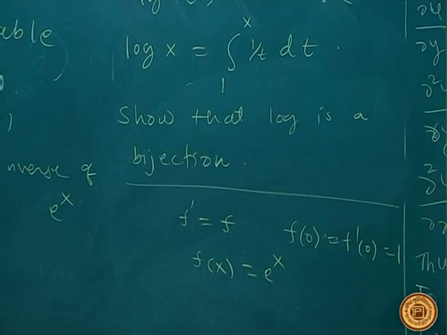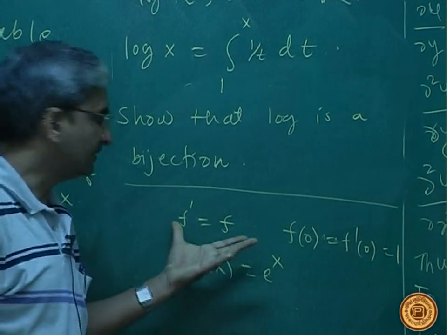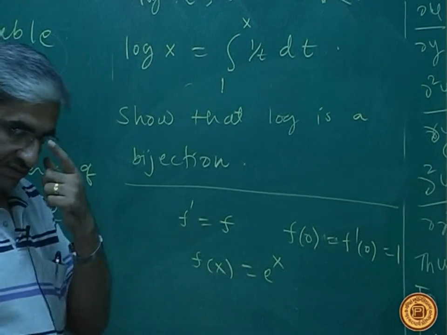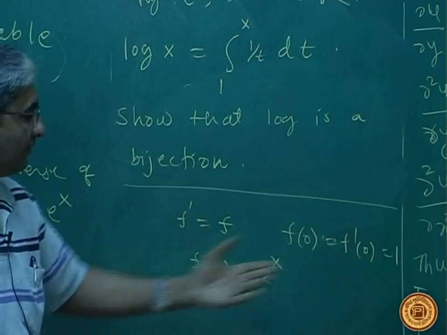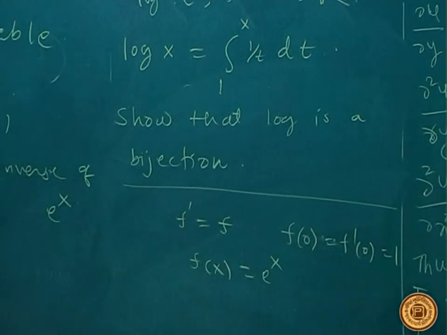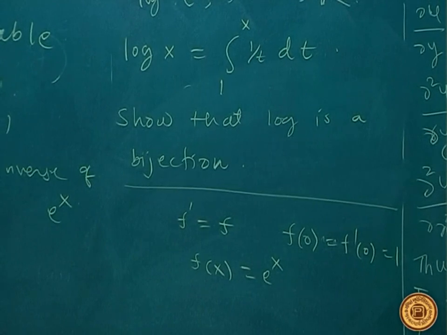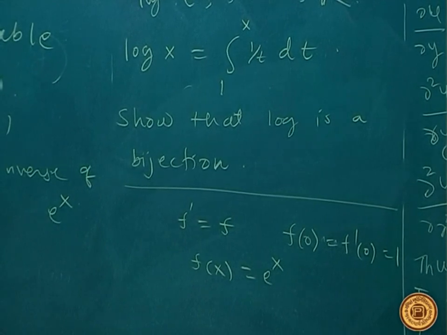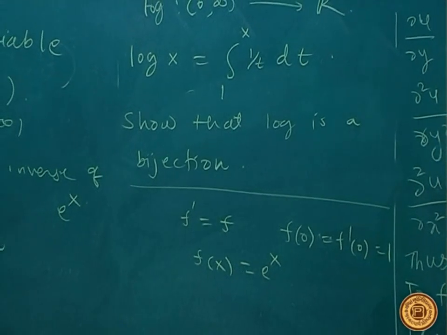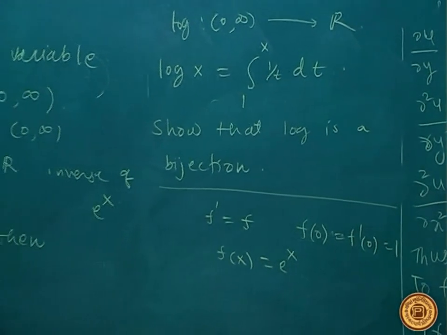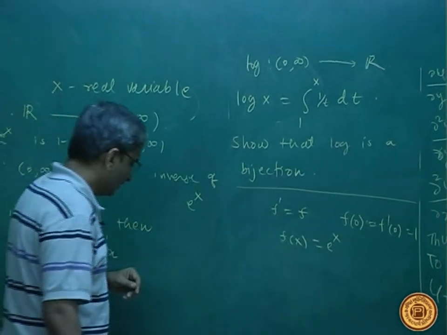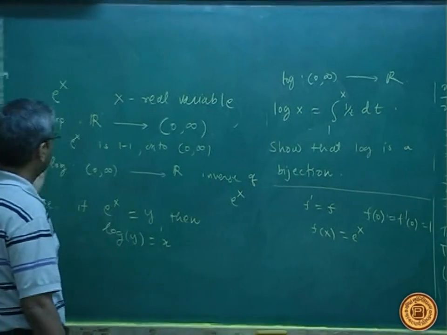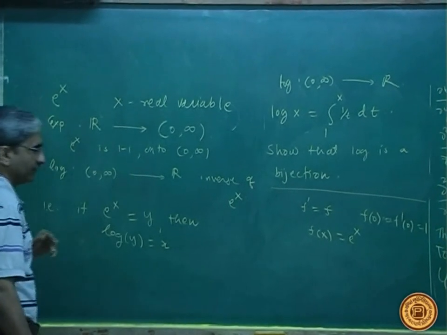By the existence and uniqueness theorem, this is a first order linear differential equation, so it will have a unique solution with reference to this boundary condition f'(0) = 1, and then that unique function I can call the exponential function. And then I can show that it is 1-1 and onto and its inverse is logarithm. So you can define one of them and then show that it is a bijection and find the other one.